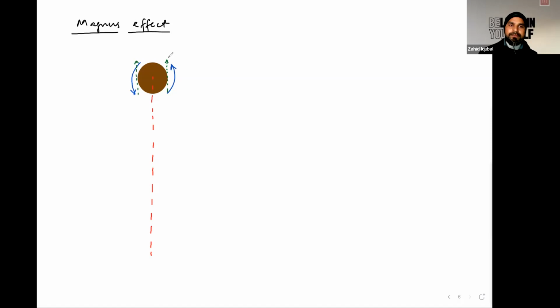So in this part, since the velocities of these two are in the same direction, it will increase. And at this point, since these two are in opposite directions, velocity will decrease.